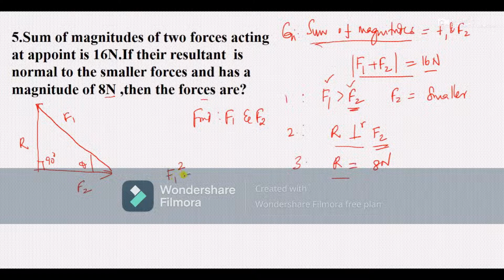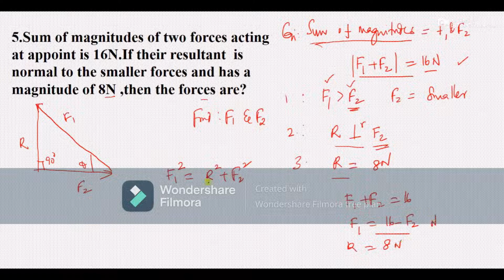The only way the other vector completes the triangle is in the direction shown with theta, F1. So from this triangle we use the Pythagoras theorem: F1 square is equal to R square plus F2 square. Along with that, we use F1 plus F2 equal to 16, so F1 is equal to 16 minus F2. We directly use these two values, R and F1, in this equation to solve for F2. So this shows the way we solve the problem.